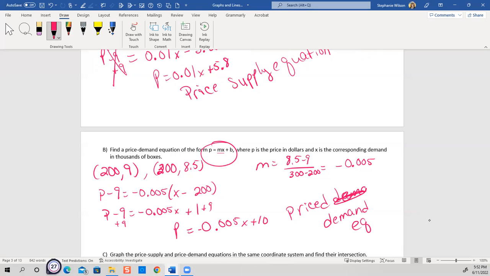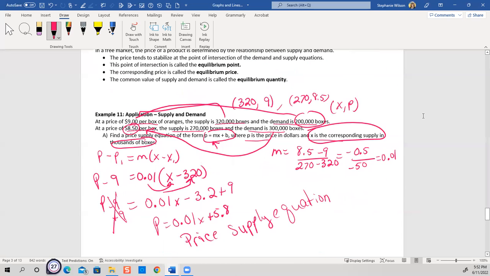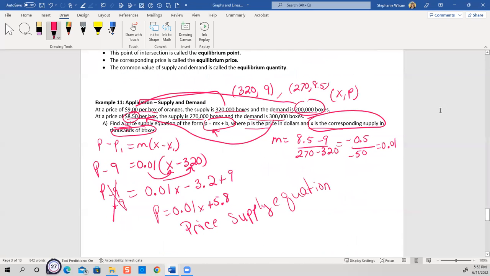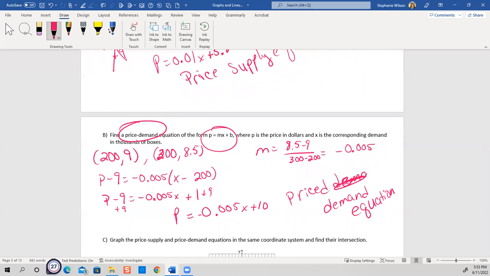Okay, so we got the price supply equation and the price demand equation. You see the difference? And just catching that in the question helps too. See, it says it right there, price supply. All right, so we're good so far, guys.